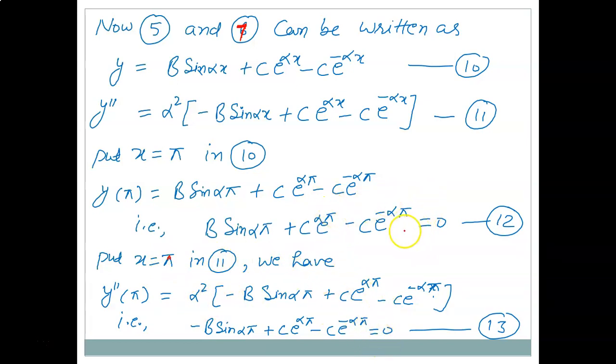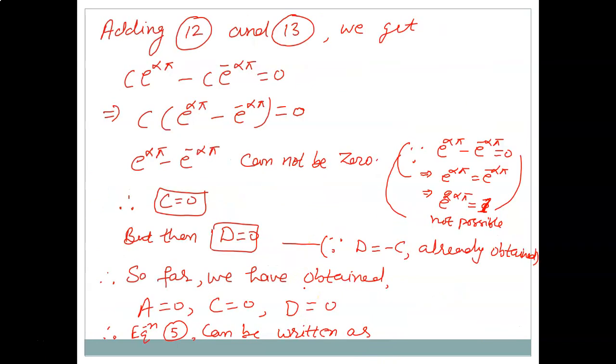Now from equation 12 and 13, if we add, we get this thing. Now there are two situations, either c will be 0 or the part in the bracket will be 0. It cannot be 0, because if you take it 0, that becomes equal to 1, and it can happen only when the part given over here is 0.